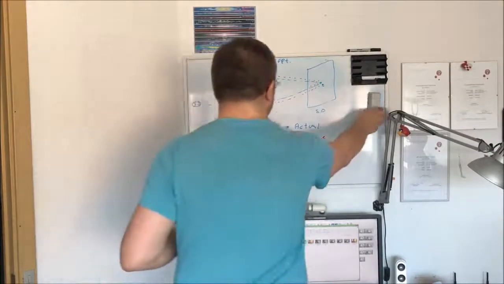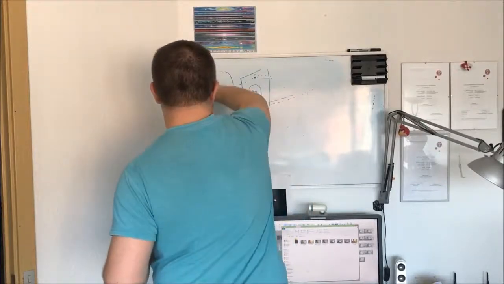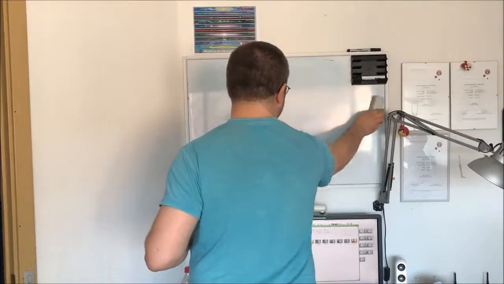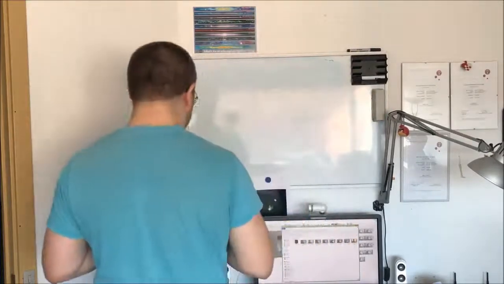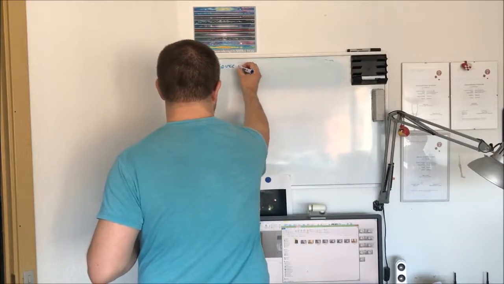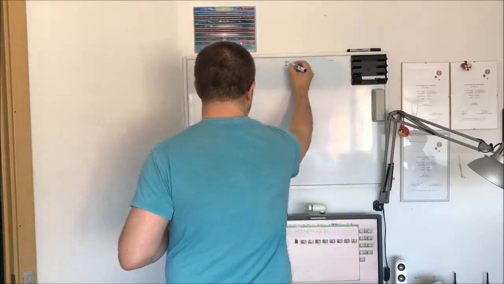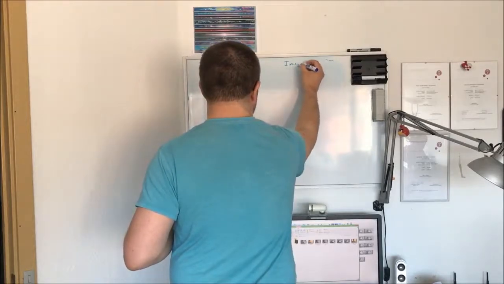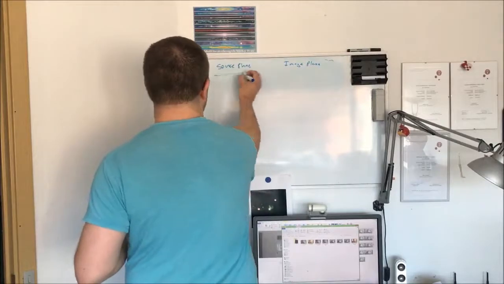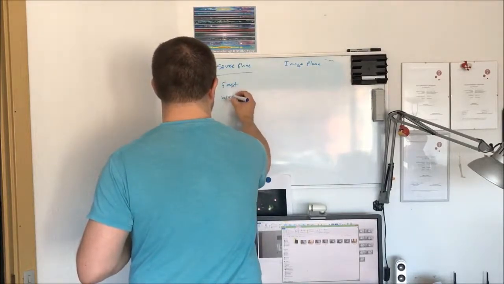So let's put up what the differences are. It can be summarized very easily. Source plane, image plane. Of course, I'm talking about optimizations here. So source plane optimization: it's fast, but it's wrong.